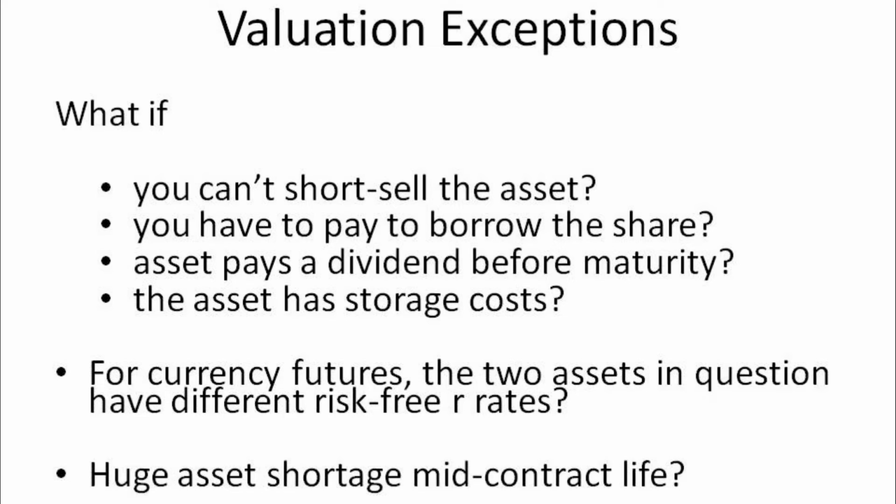And finally, what happens if the asset has storage costs? On top of that, with currency futures, if we're looking at a future on one currency priced in another currency, we have 2 risk-free rates. What do we do with those? And our final question is, what if there is a big shortage of the underlying asset mid-life? And luckily, we have answers to all of these questions.